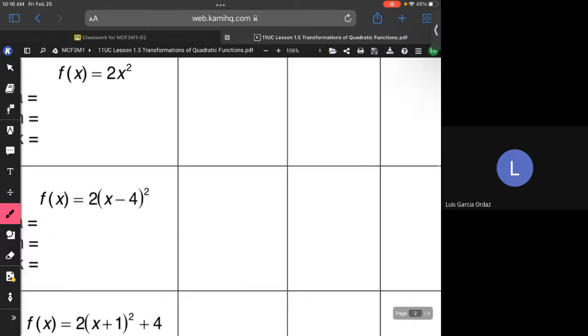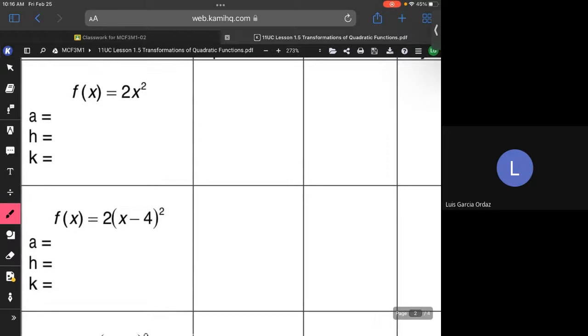So I have f of x equal to 2x squared. I need to figure out my a, my h, and my k. What is my a value in f of x equals 2x squared? What is the a, Jade? 2. Do I have an h? Nope, so h is 0.